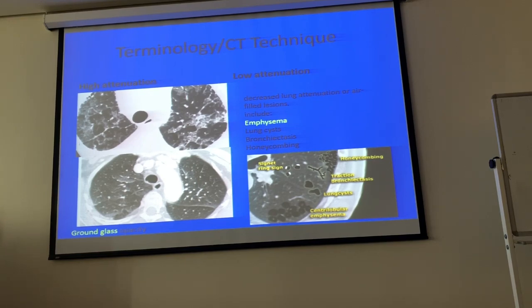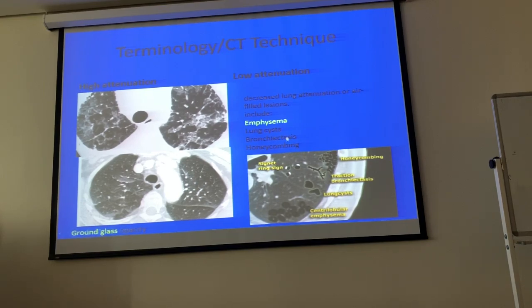is there. So whatever we see on CT of the lungs which is bright, we call it high attenuation area, or hyperdense. Whatever is dark, we say low attenuation. So hyperdense and hypodense.